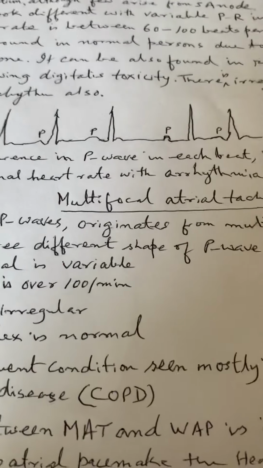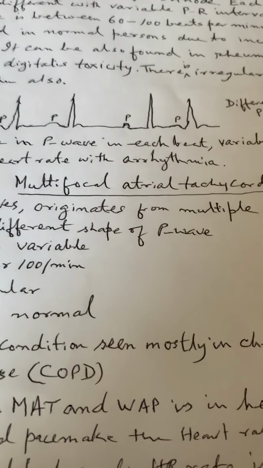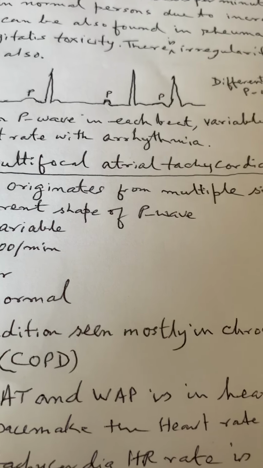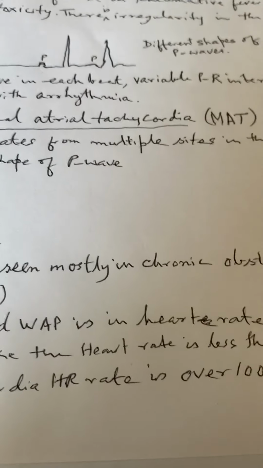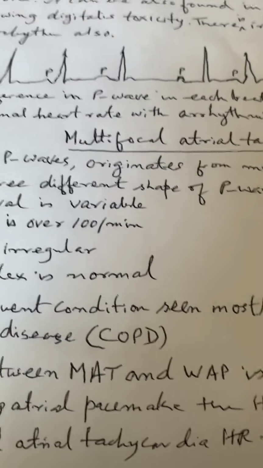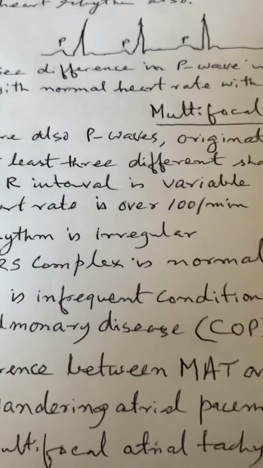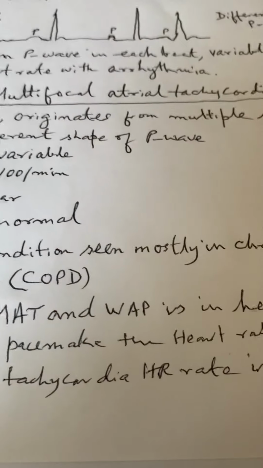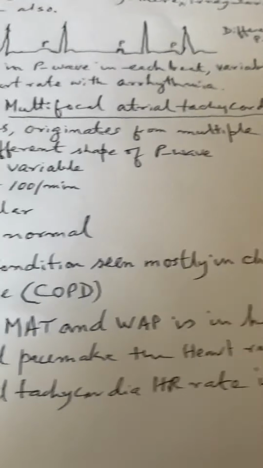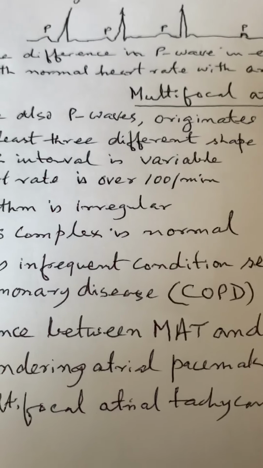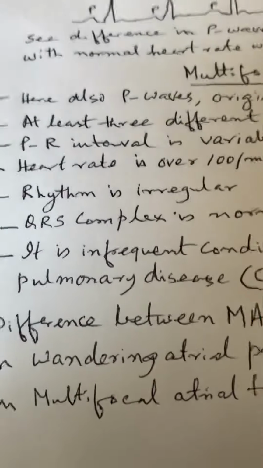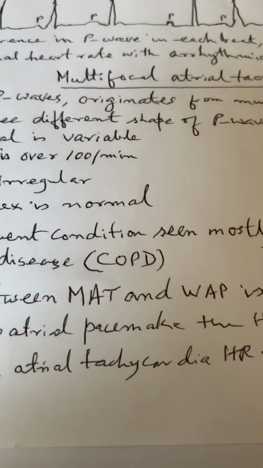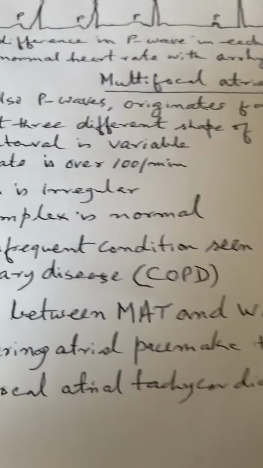Now, there is another similar condition known as multifocal atrial tachycardia or MAT. The P wave here also originates from multiple foci or sites, and at least 3 different shapes of the P wave you will see.